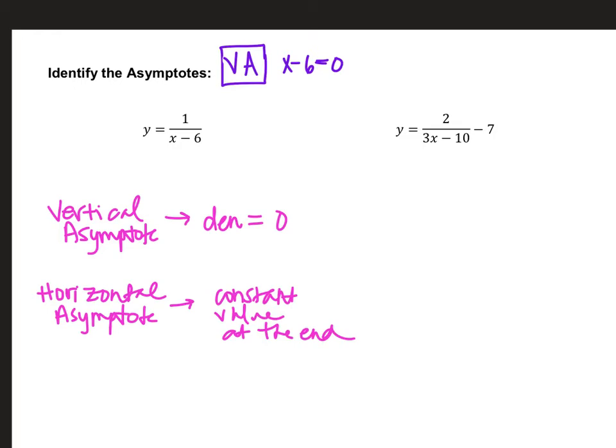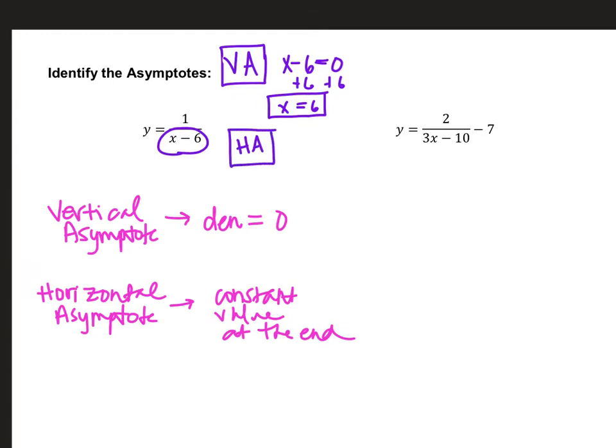All right, so we took our denominator, x minus 6, and we set it equal to 0, and then we're just going to solve. So x equals positive 6 is an equation of a vertical line. Remember, our horizontal and vertical lines are super basic like that. And you have the x equal to a number for your vertical asymptote.